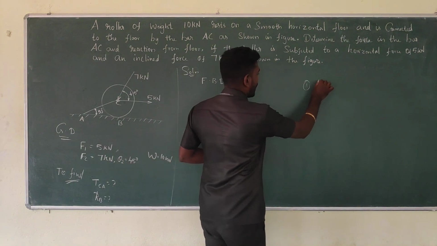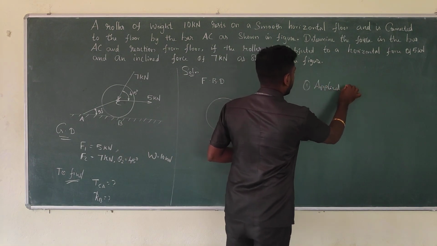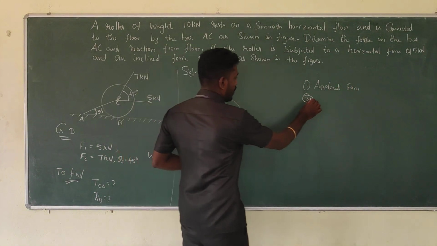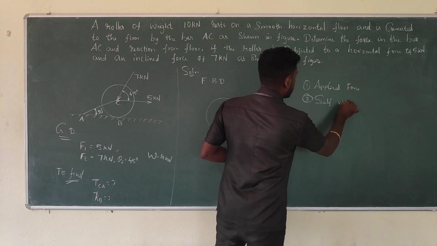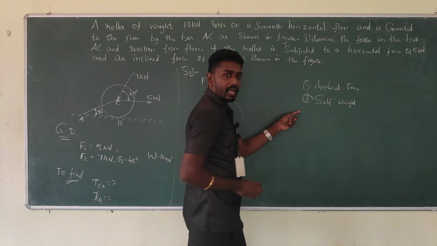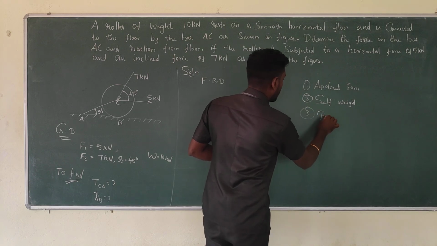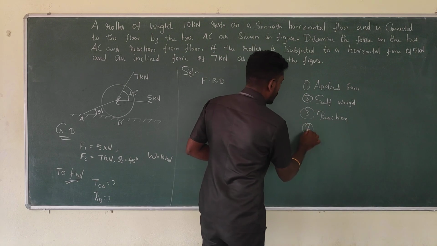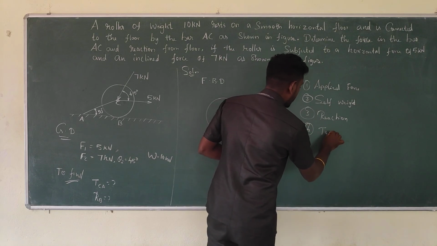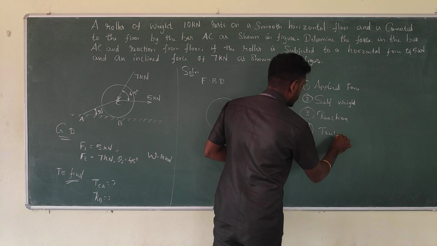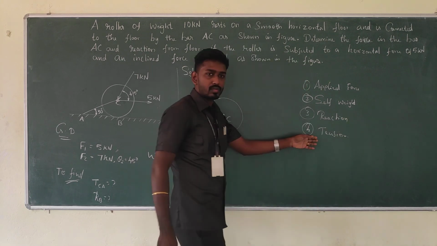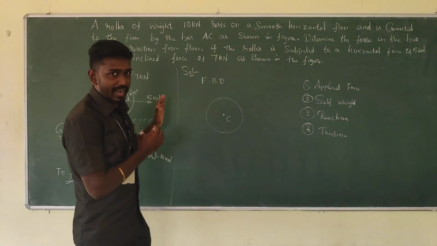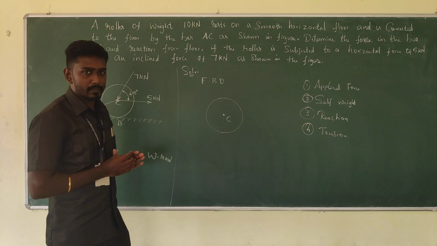One will be the applied force, and the second one will be the weight, self weight, and the third one is the reaction, and the fourth one will be tension or tensile force. Okay, so these are the possible 4 forces we can identify in action and reaction problems.